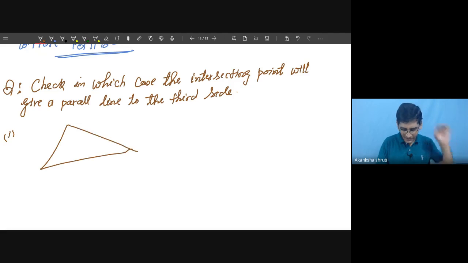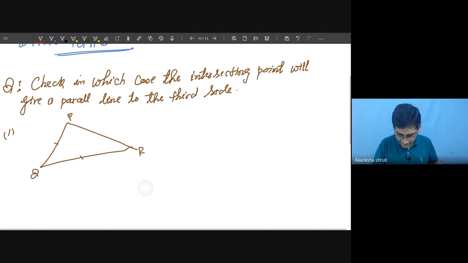In the first condition, we have considered this as PQR, and M and N are the 2 points, such that there is 2 and this much is our, say, 8.